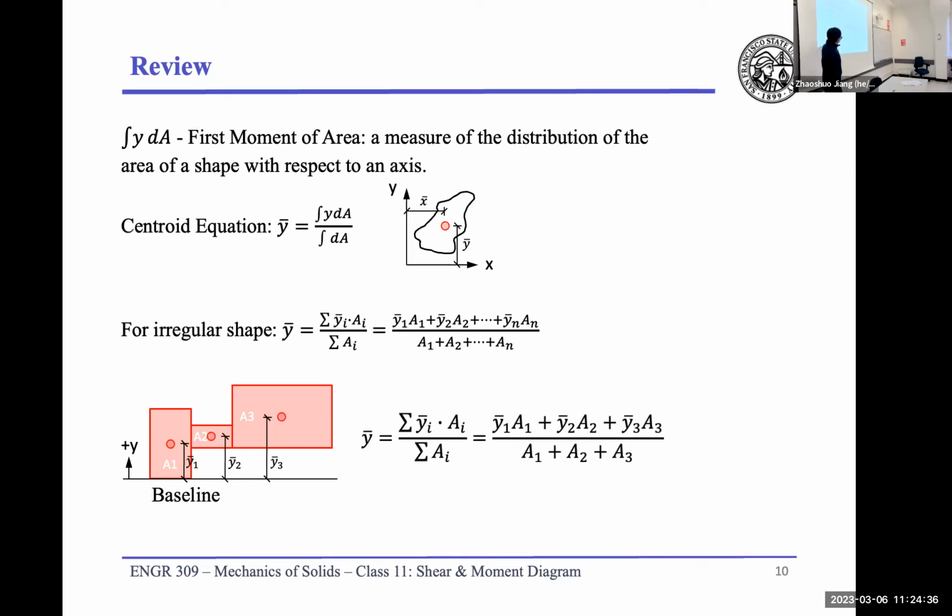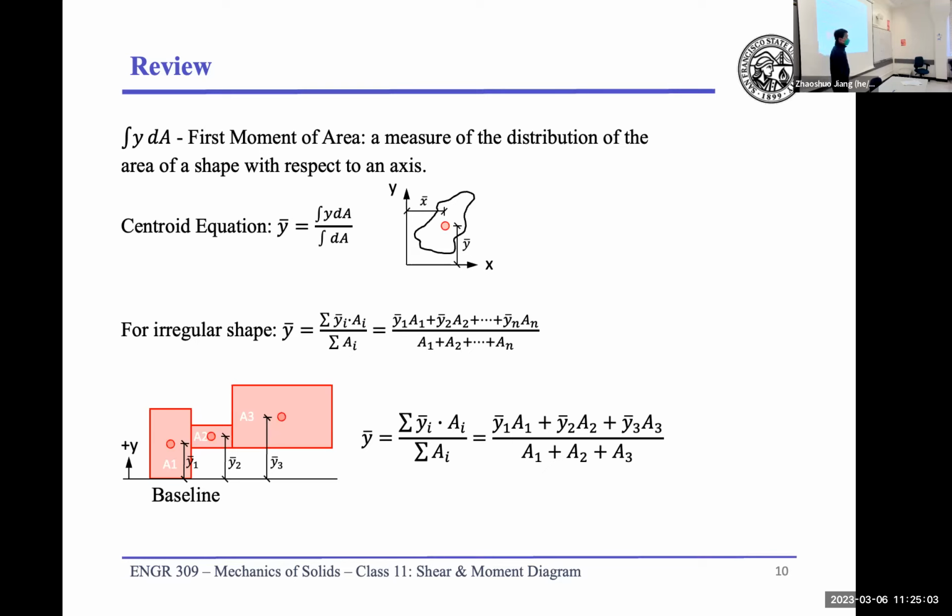And the overall centroid of this cross section is equal to y1 bar times A1, meaning the area 1 times the distance between the centroid to your baseline, plus area A2 times the distance between the centroid of area 2 to my baseline.